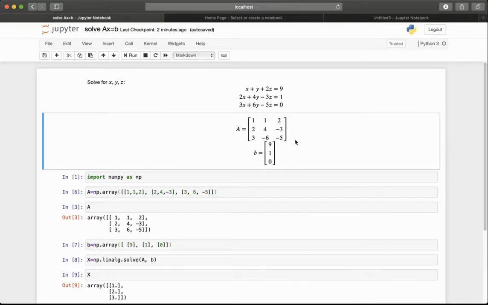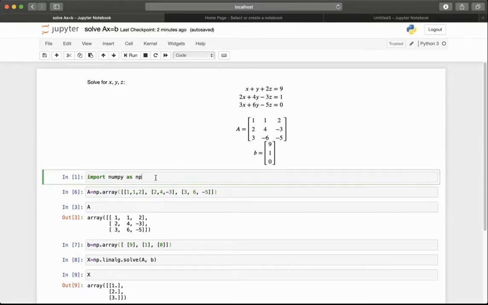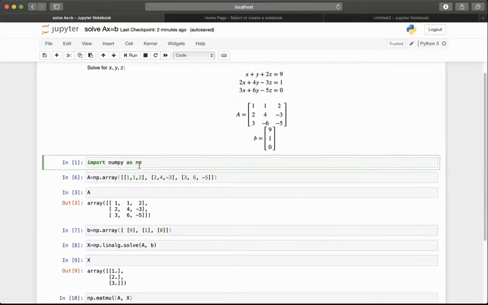So this is just written in Markdown or LaTeX. That's not part of Python programming. And so here is where the Python programming part begins. The first thing we want to do is import numpy, and just so that we don't have to keep writing numpy every time we want to refer to a function or program in numpy, we write as np, or as anything you want, just to indicate that np refers to numpy.